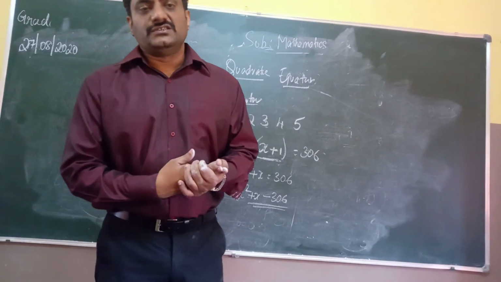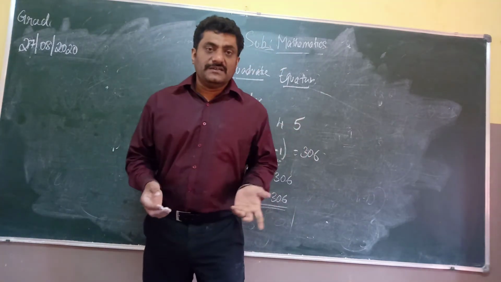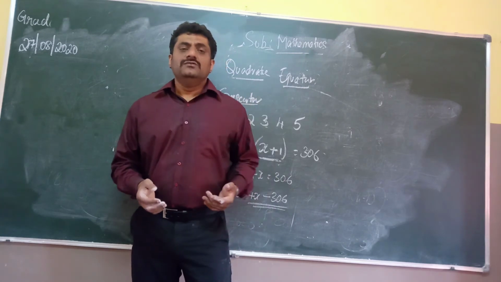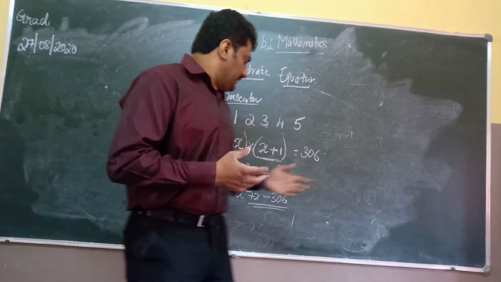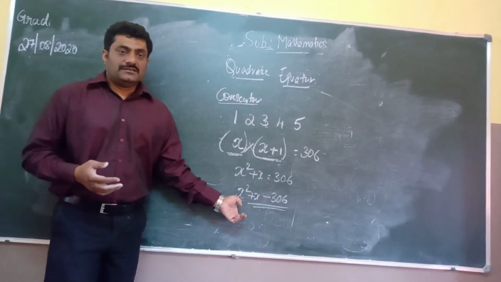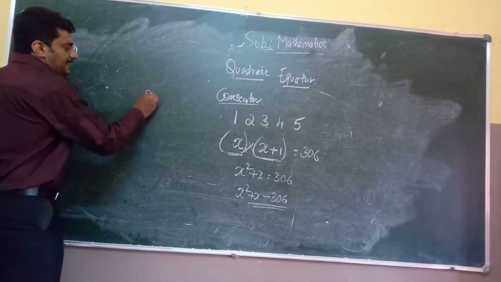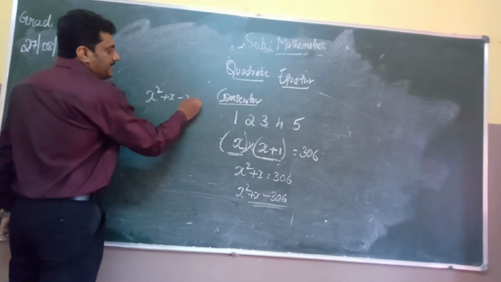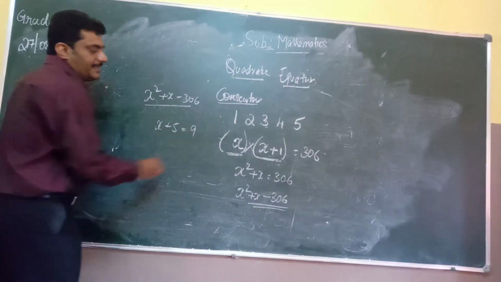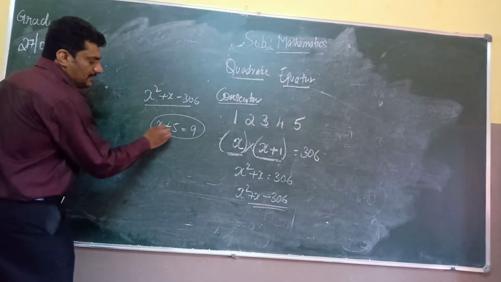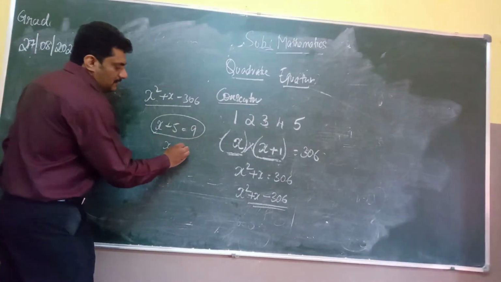When do you say that a particular equation is a quadratic equation? If they are not simplified, how do I simplify and get into a quadratic equation? All these we discuss in this chapter. Now in the next chapter, once we get the quadratic equation, we have to get the values of x. For example, when I say x plus 5 is equal to 9, I have the value of x as only one, which is 4.